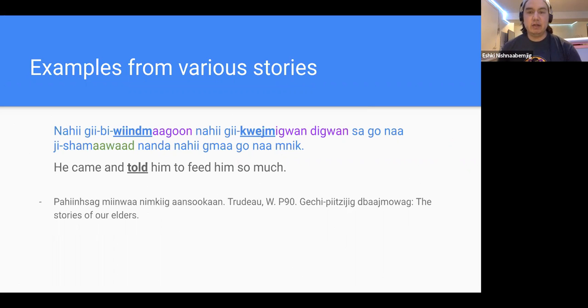Jishamawad. So he came and told him, for the main character, Jishamawad, to feed him, or even them. He came and told him for them to feed him, Shamawad, which is in B form, so much.